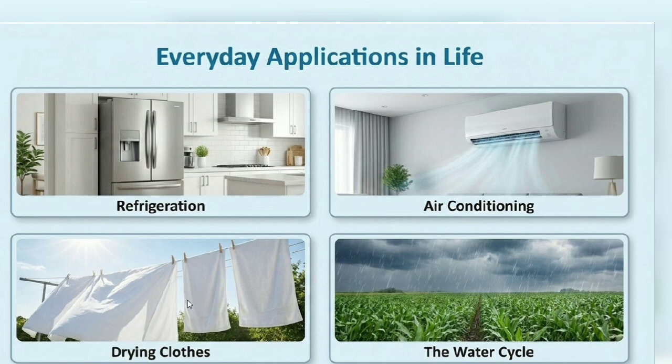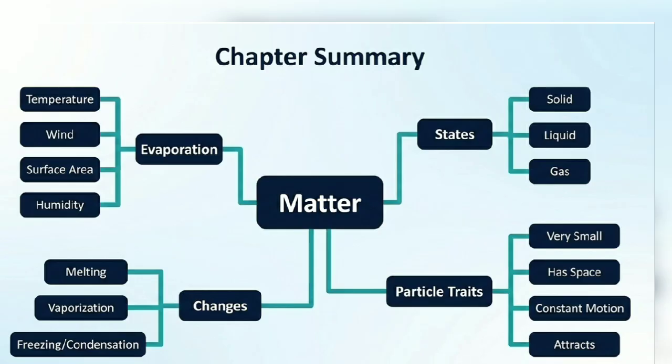Drying clothes depends on evaporation. Rain formation depends on condensation. So thus, matter and its properties affect our daily life.